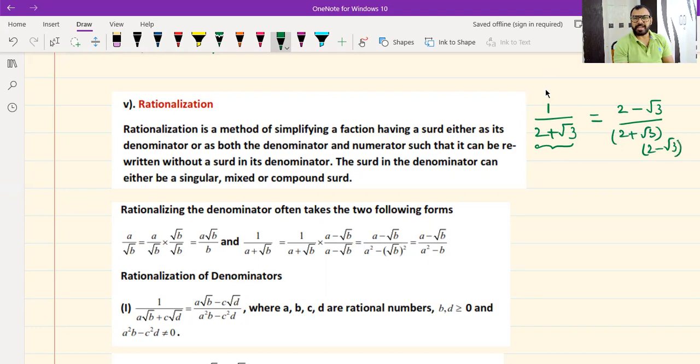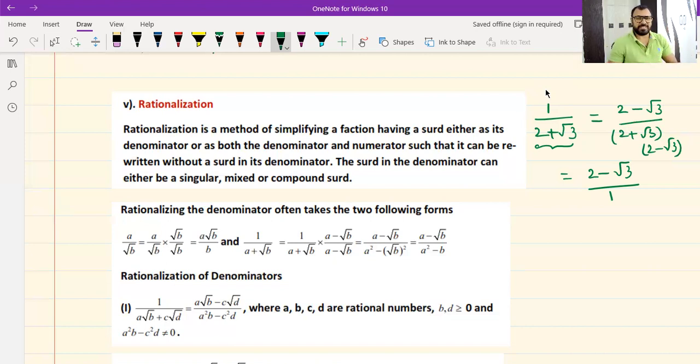So that we get 2 minus root 3 by the denominator, which is 1. So, this process is known as rationalization. In rationalization, we simply multiply both numerator and denominator by the conjugate of the denominator.